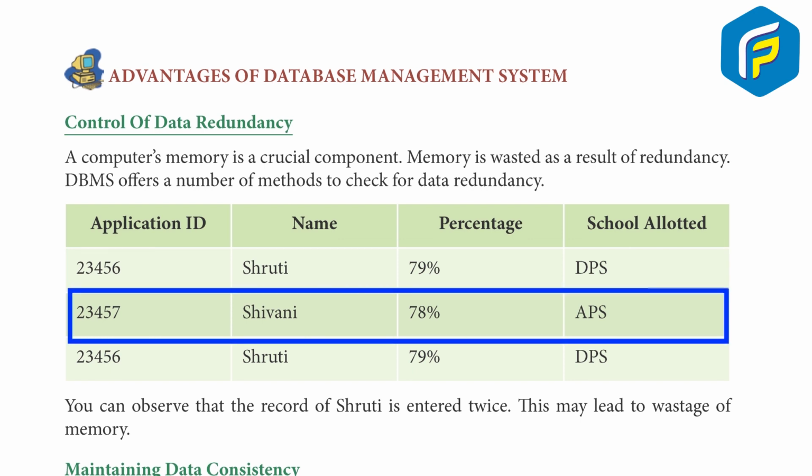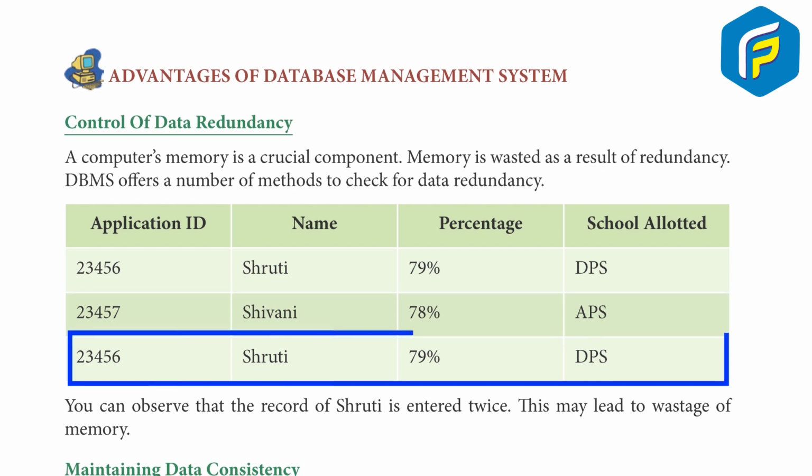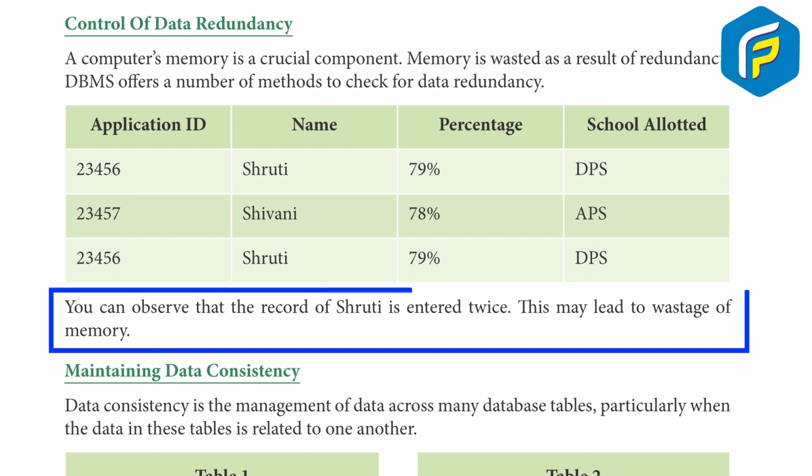Shivani 78%, APS. Shruti 79%, DPS. You can observe that the record of Shruti is entered twice. This may lead to wastage of memory.